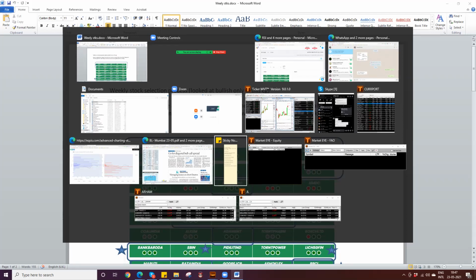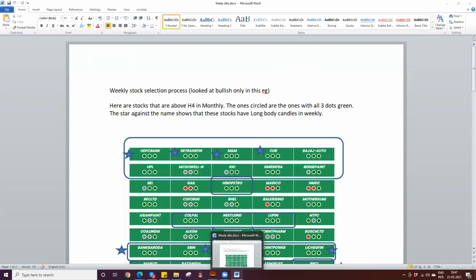Where is it? I can't find the document. That doesn't matter. But you all have that document, in a fairly detailed manner, that shows you how you need to do things. So what we have here is the final extract from that particular document.